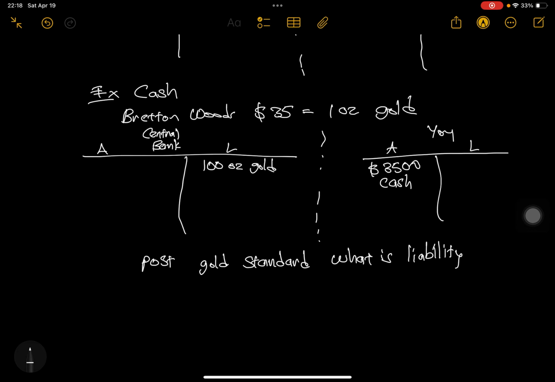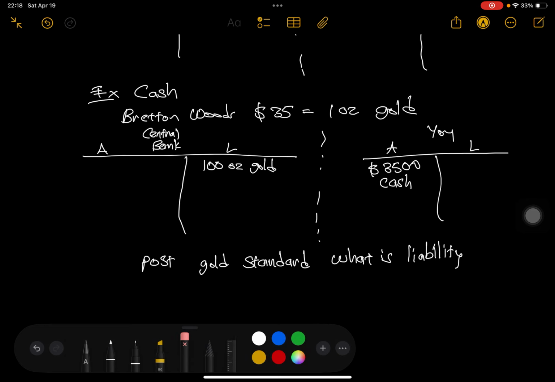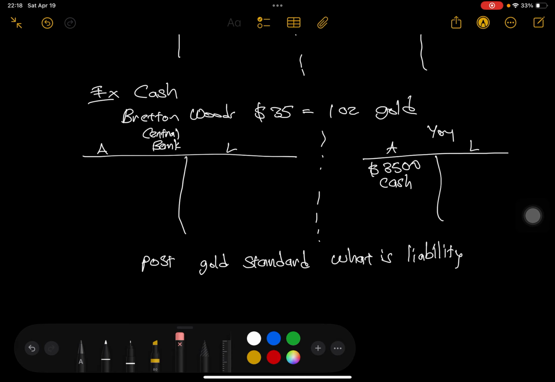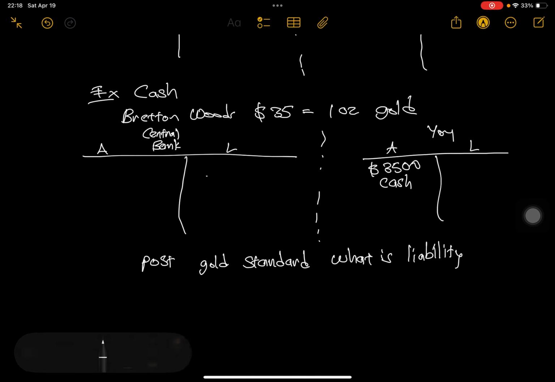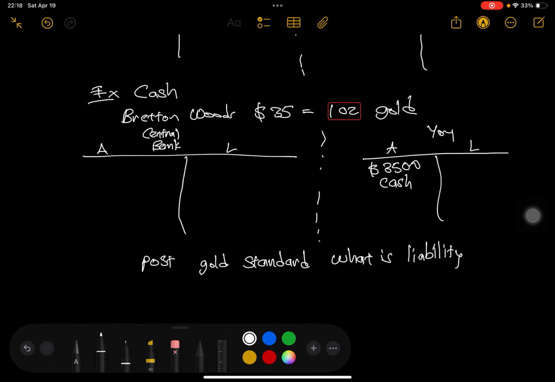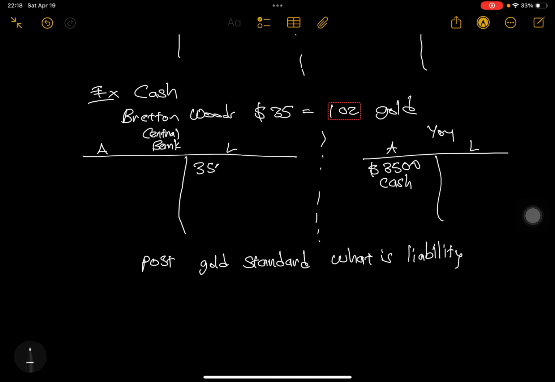The central bank still has a liability, but the central bank's liability is not 100 ounces of gold or whatever it is. What it actually has is a liability of $3,500 of value. And hold on a sec, what does this mean?